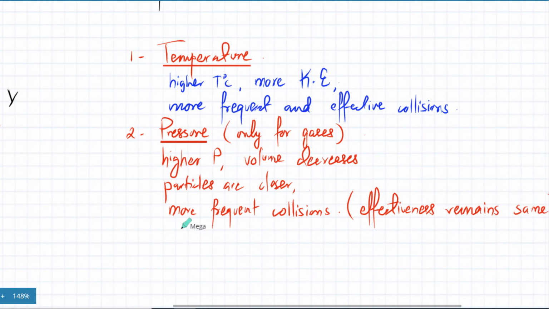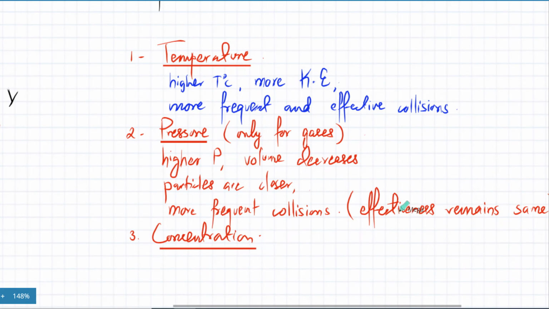Number three is concentration. Same thing as pressure.